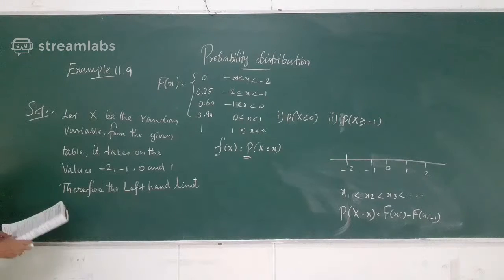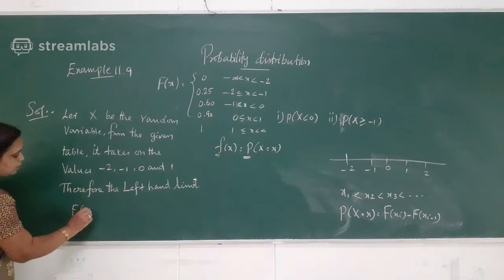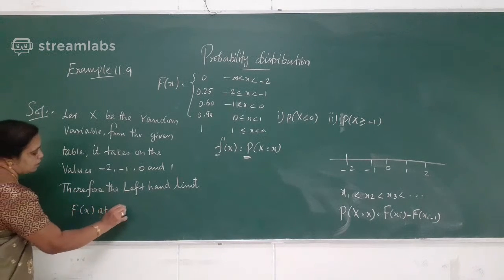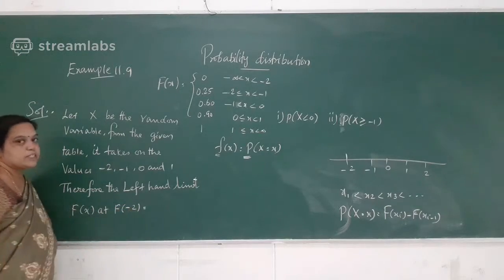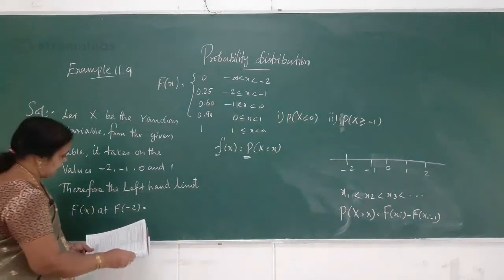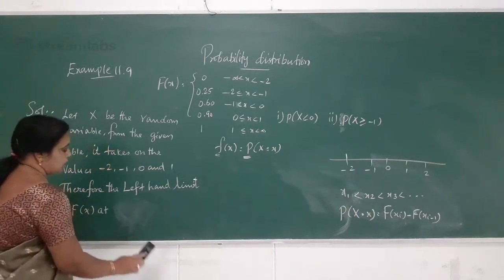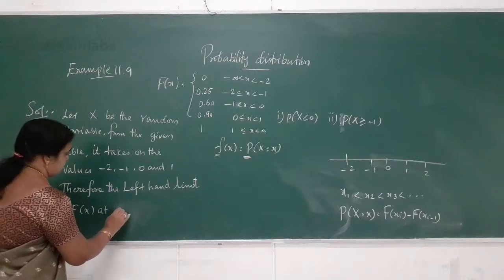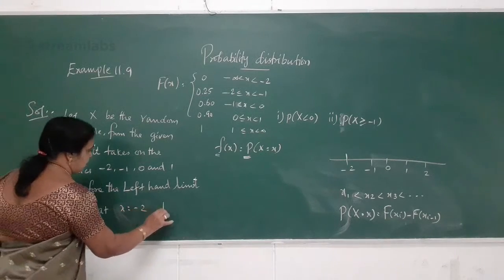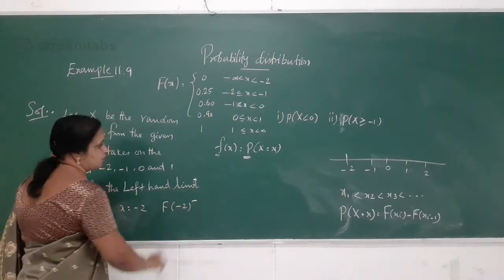F of x at x equal to minus 2 we have to write like F of minus 2 minus 2.